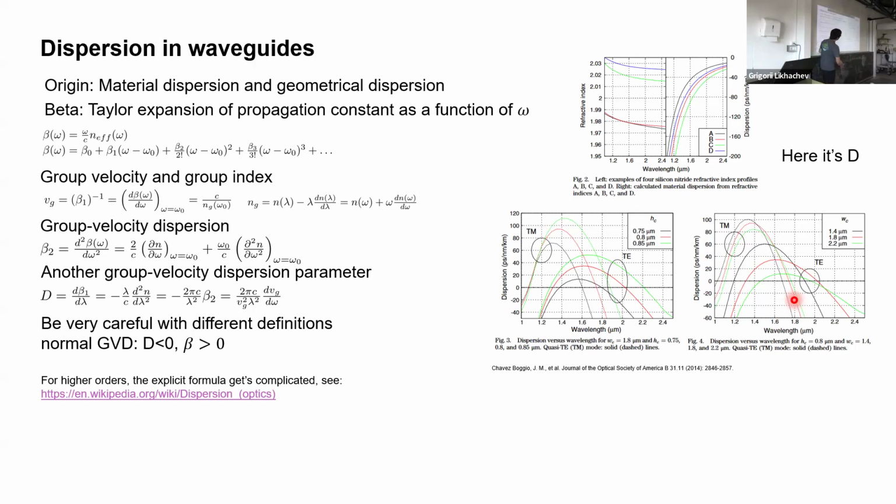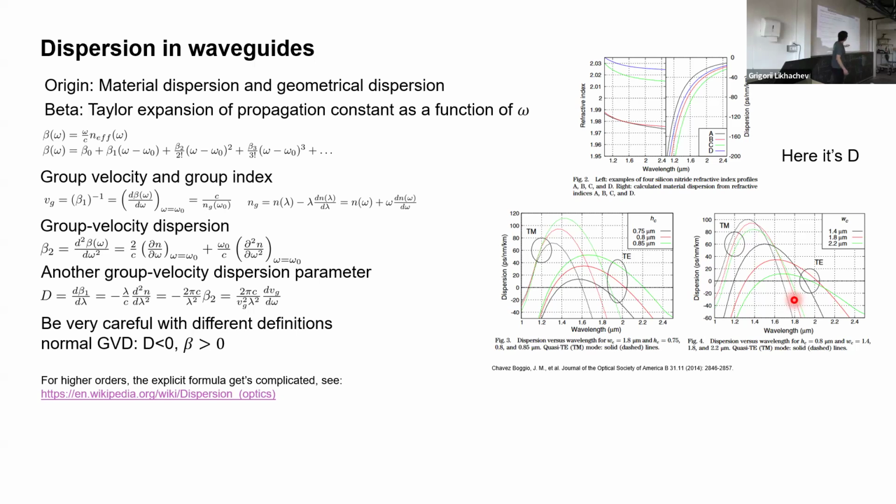And also looking at another dimension, your waveguide's width. If your waveguide width is wider, from 1.4 extending to 2.2, and you still look at the same wavelengths, you will see that the wider waveguides tend to acquire a more normal GVD.